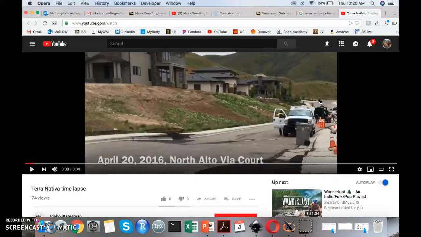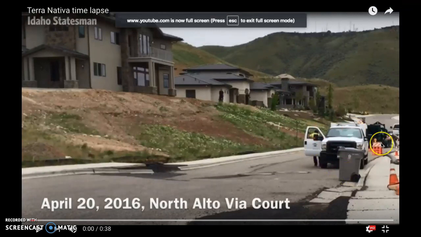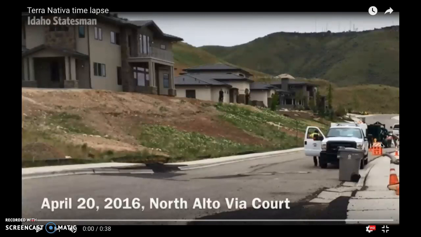So actually, we have our own example of a slump occurring in Boise right now. In the Terra Nativa area, you have this landslide that has been occurring since 2015, a slump type of landslide. Water is coming from up there, and because of the diversion of the water from the road, the different channels that they wanted to take, they've let the water run through the left and then the right side of the road.